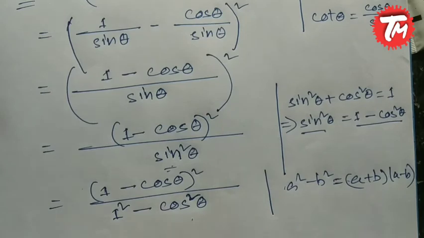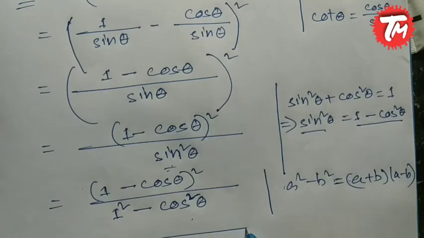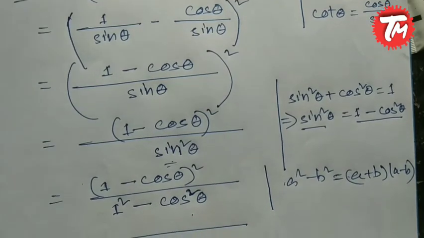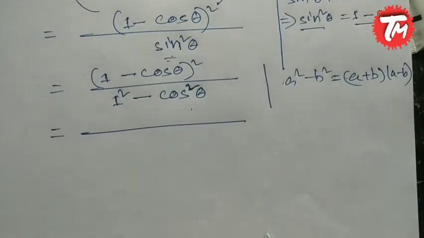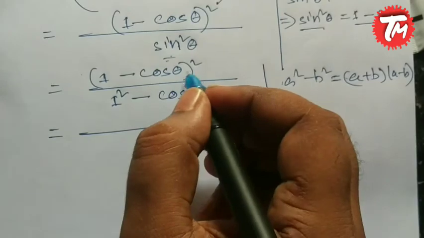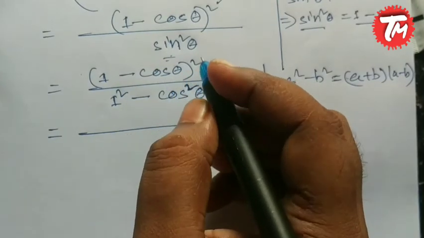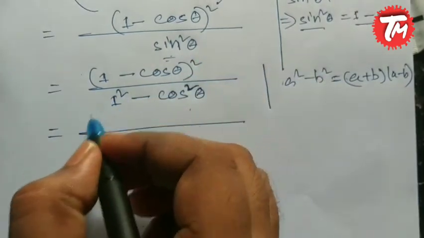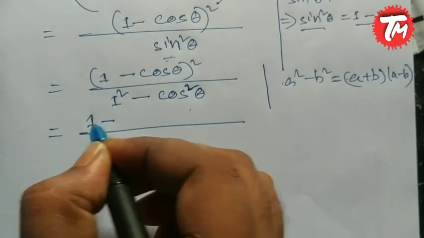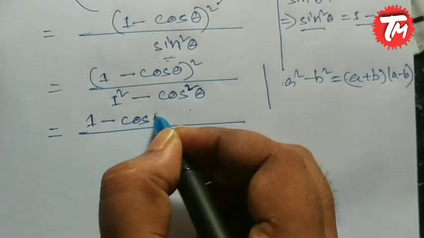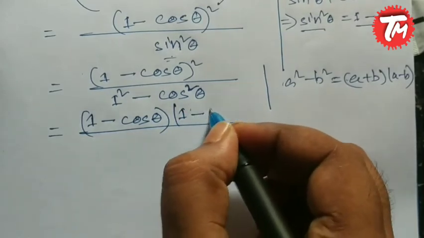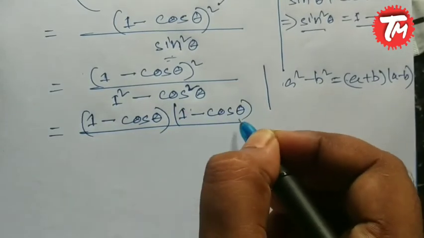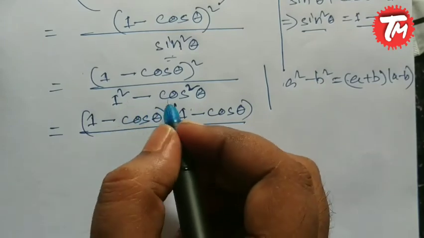Here we can use this formula: a square minus b square equal to a plus b into a minus b. So now we can write 1 minus cos theta whole square, that means 2 times you can write 1 minus cos theta into 1 minus cos theta.